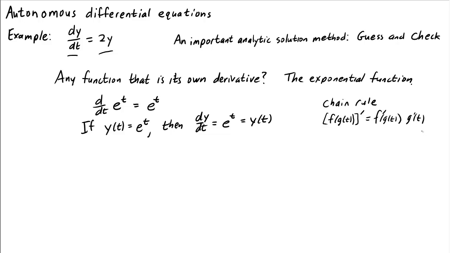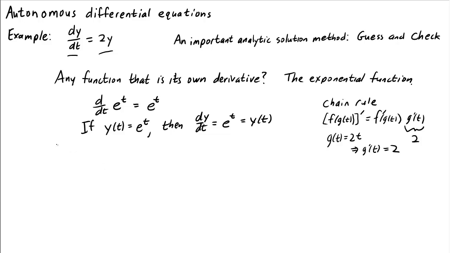Since here we want the derivative to be multiplied by a factor of 2, we want to find a g prime that is equal to 2. So if we make g of t equal 2t, this implies that the derivative, g prime of t, is 2. So if f is the exponential function and g is 2t, we should get what we want.